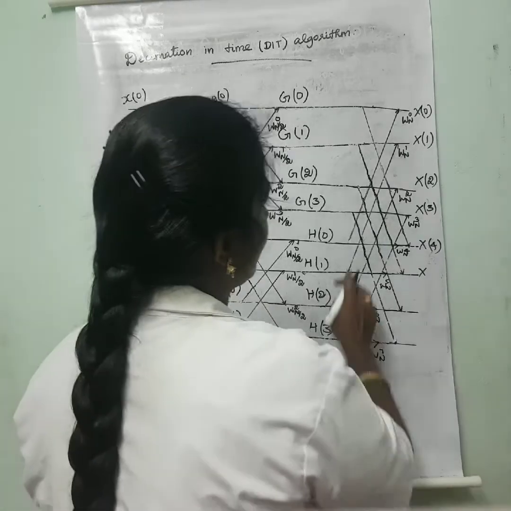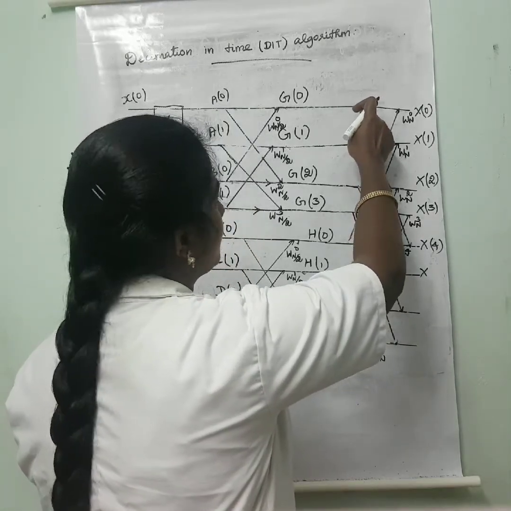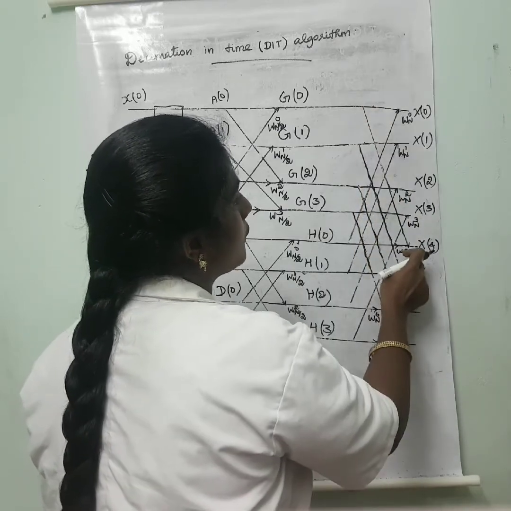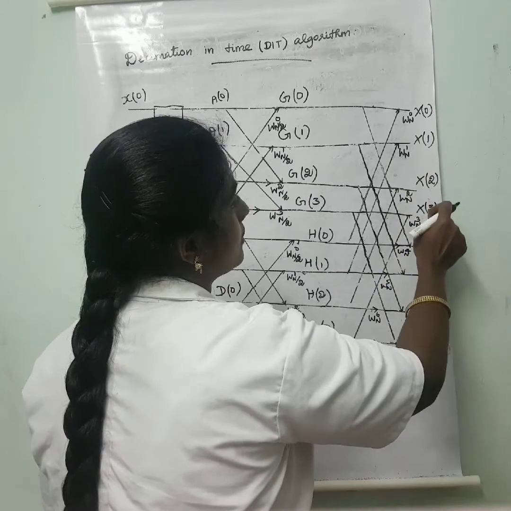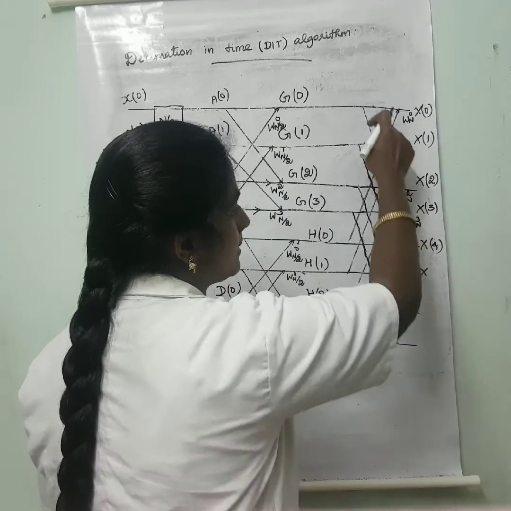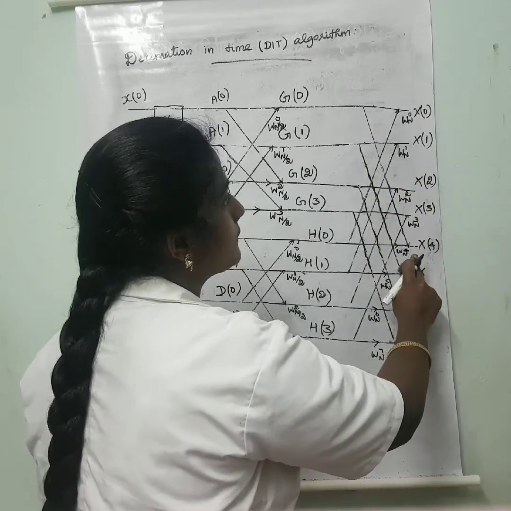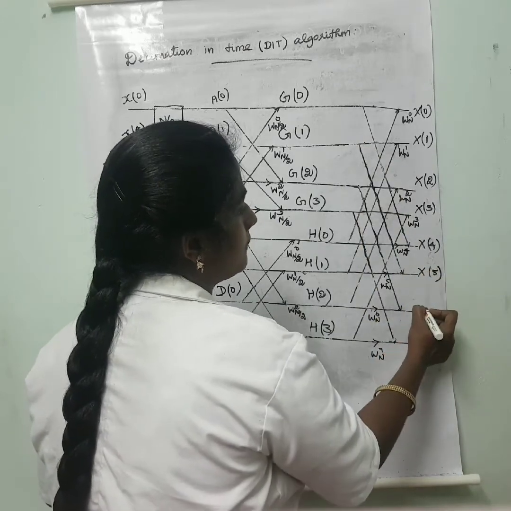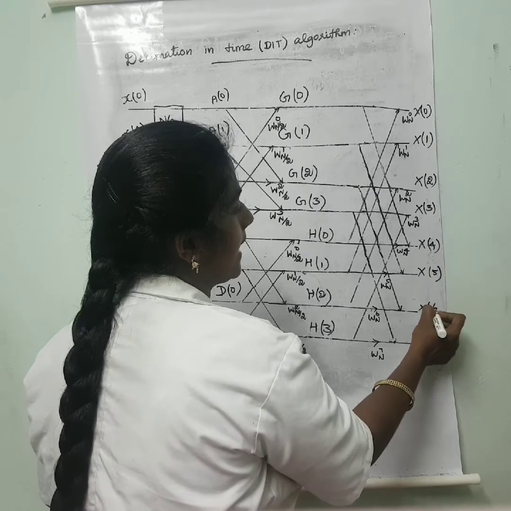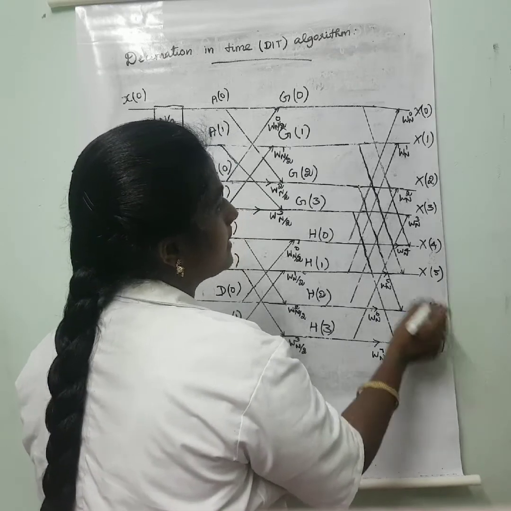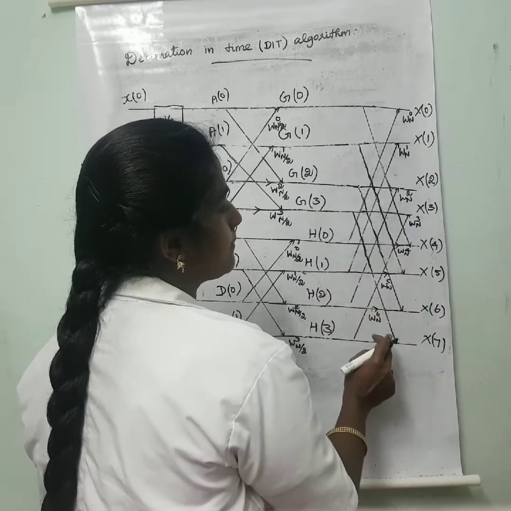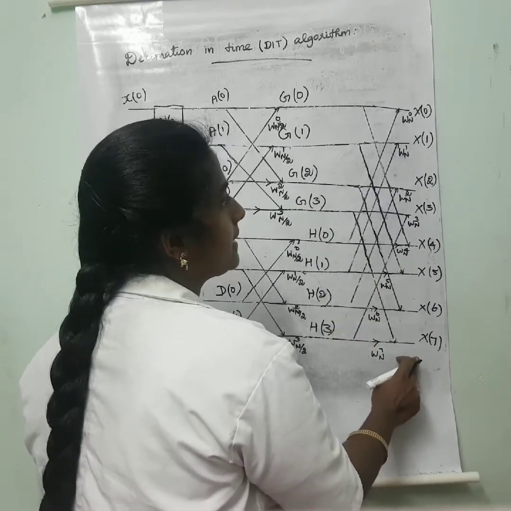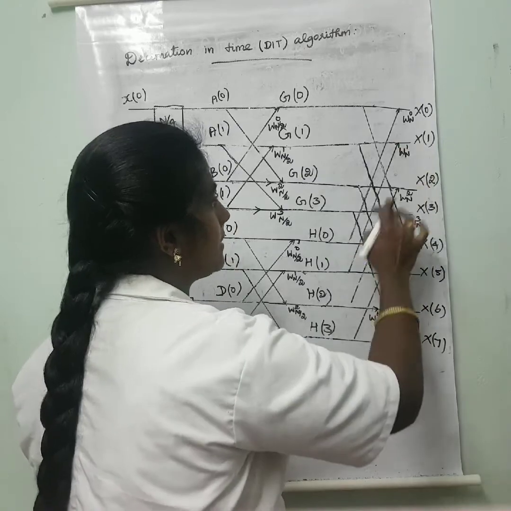Next you can draw, first line corresponds to the fifth line. Similarly, second line corresponds to the sixth line. Similarly, third line corresponds to the seventh line. Similarly, fourth line corresponds to the eighth line. Similarly, in the upward direction you have to write.